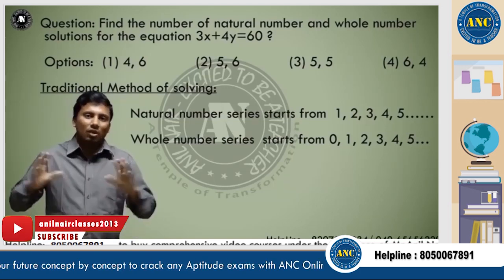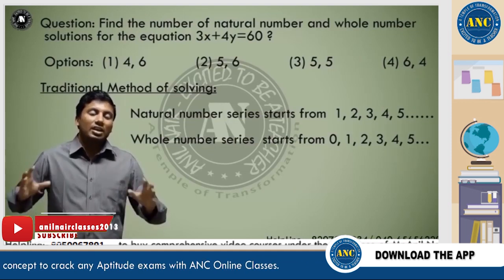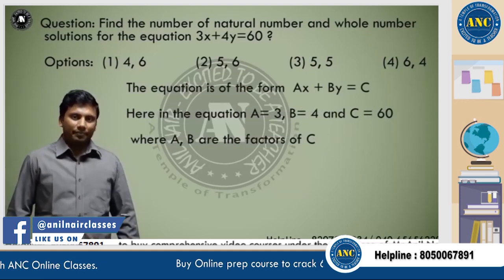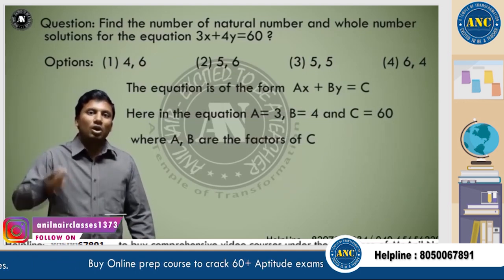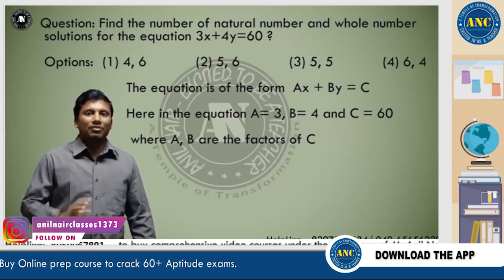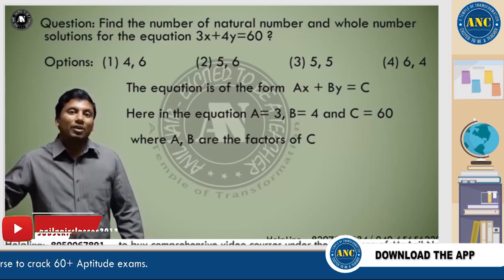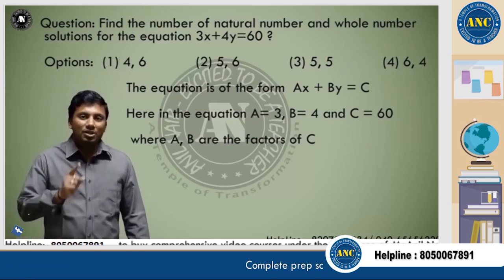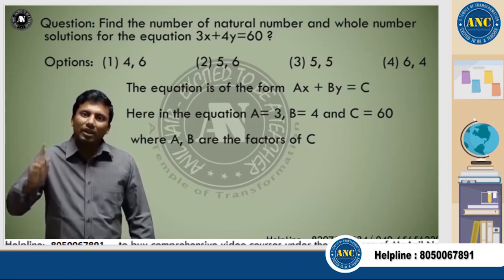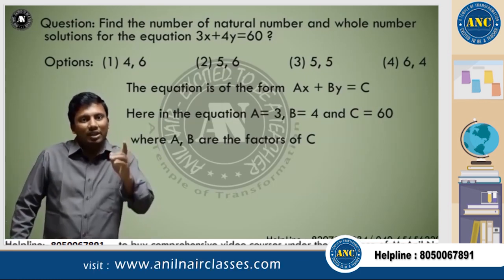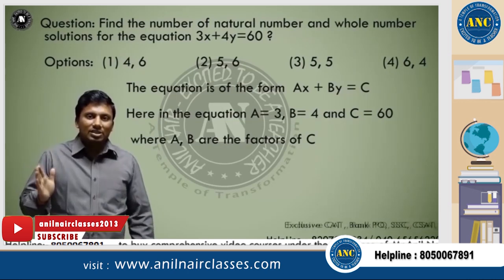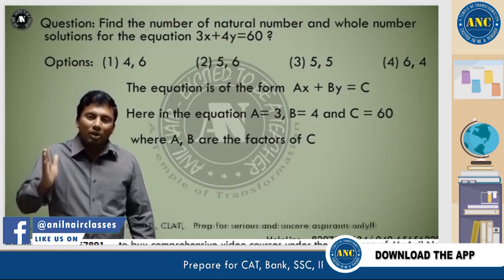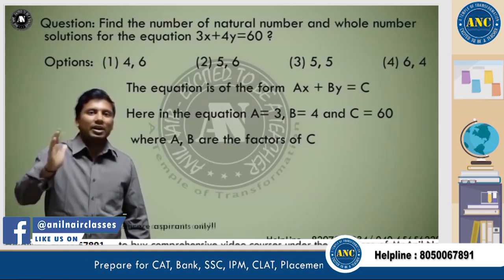Second observation: the question states that the equation is of the form 3x + 4y = 60. That means we are trying to solve all the equations which are of the form ax + by = k. Third observation: observe the equation 3x + 4y = 60. 3 is a factor of 60. 60 can be divided by 3 with remainder 0. 60 can also be divided by 4 with remainder 0.